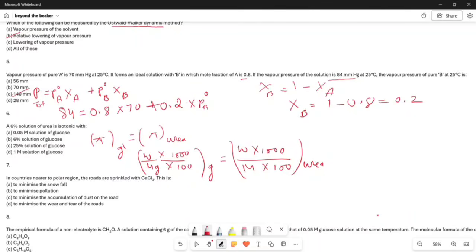What is the percentage here? We don't know the weight of glucose. For urea, 6% solution means 6 grams of urea in 100 grams.